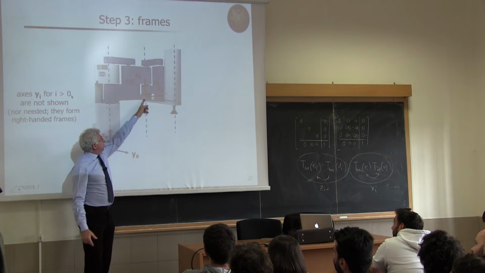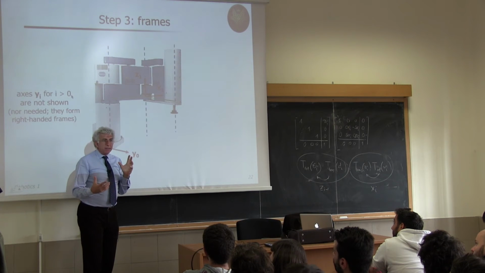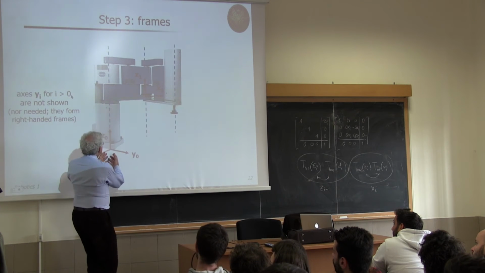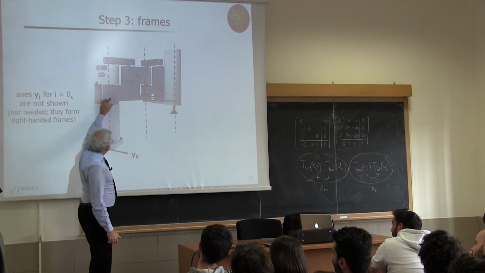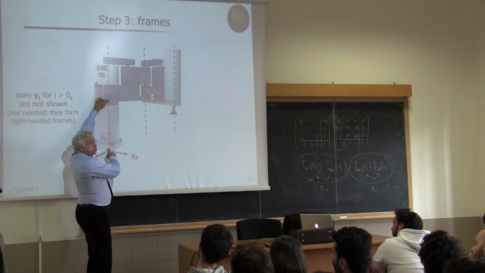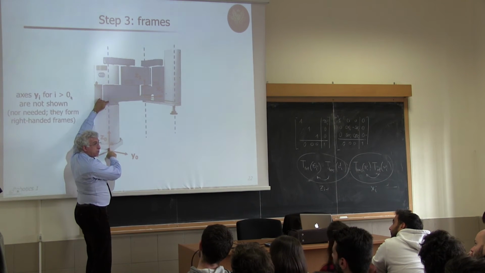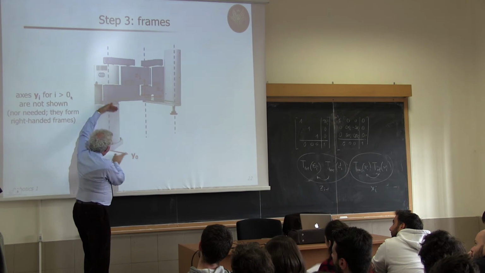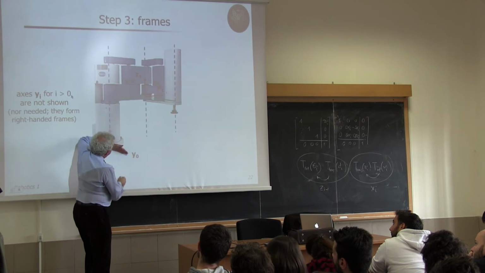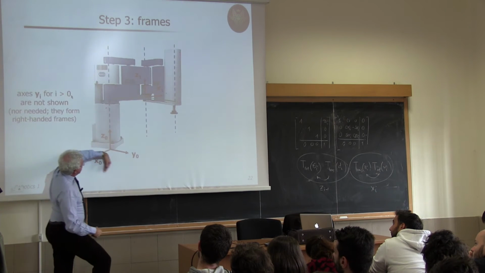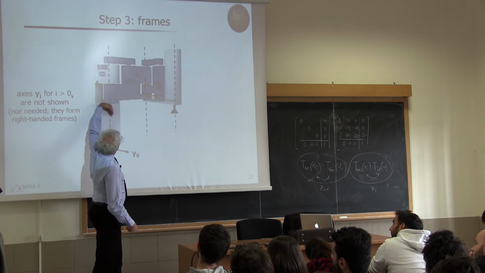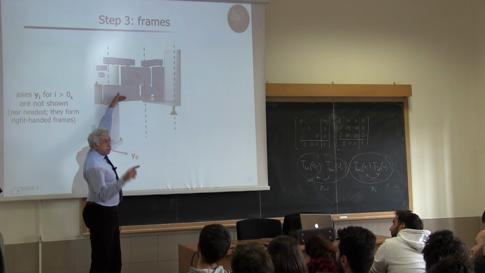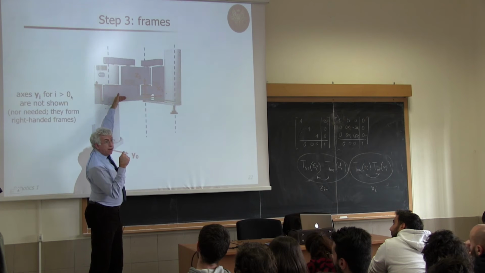For going from this frame to this frame, what are the elementary operations that I do? I translate along z0 up to this point, and this will be the constant parameter d1. Okay? A translation along z0. Then I have to rotate x0 around z0 so that x0 is aligned with x1, and this will be theta 1, the joint variable.